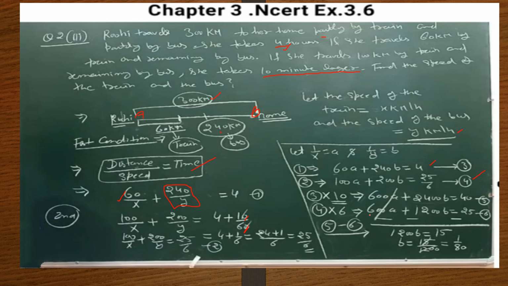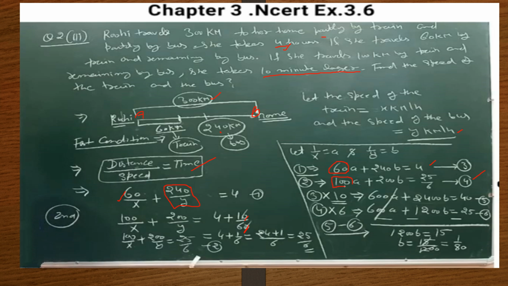Now we use the elimination method. We can use any method, but here I am using the elimination method. Students, suppose we have to eliminate a. If we want to eliminate a in both equations, we focus on the coefficient of a.